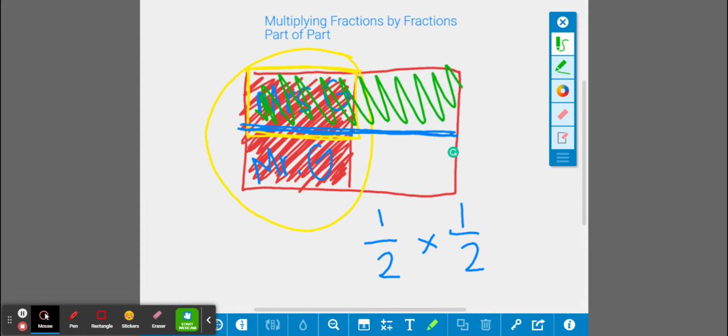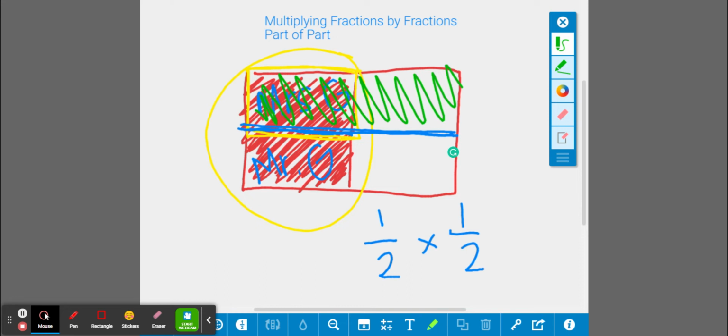When I'm looking for the product of a fraction by fraction, I'm going to look for the section that has both of my colors in here. It meets both criteria. It was left over for dinner and it went in my lunchbox. So when I look at that, I can see that my lasagna pan is broken up into 1, 2, 3, 4 sections.